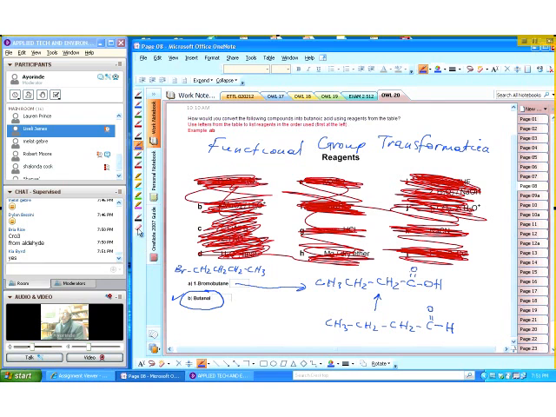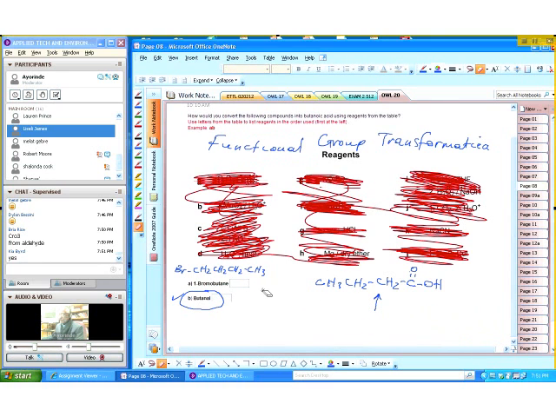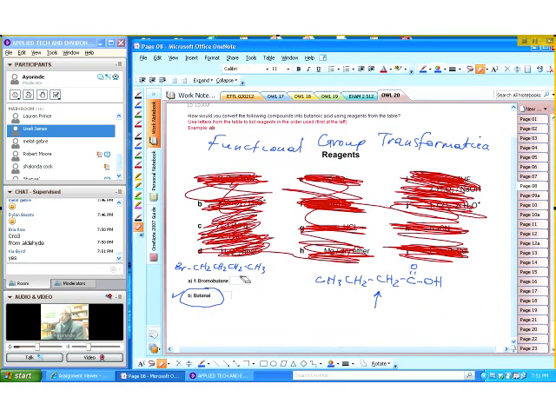Yes. If we can do that, then why don't we say that if that is possible, we could simply take this here. We want to turn this into a primary alcohol. No, lithium aluminum hydride will not do that. So it will be hydroxide.